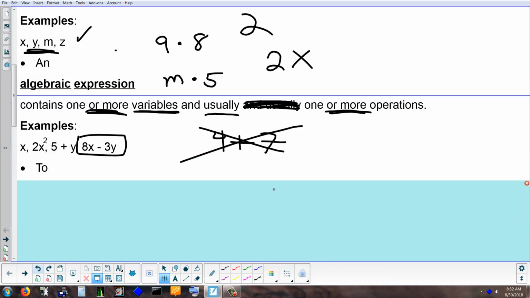All right, so the next one. It says to blank, blank, blank, we plug in each variable with a number. Anybody know what that's called? When you plug in a number for a variable.